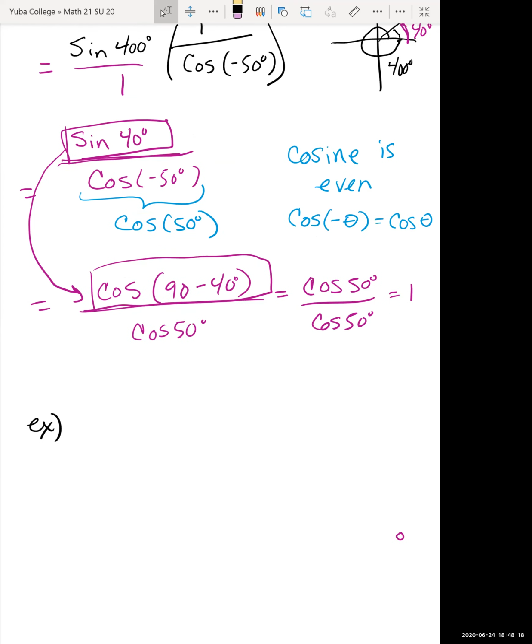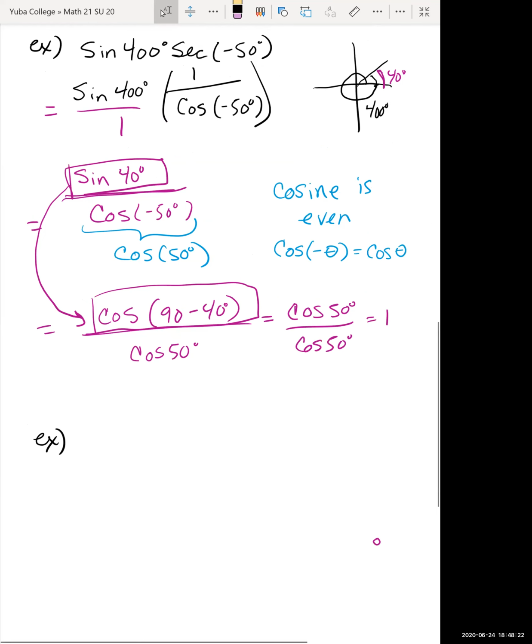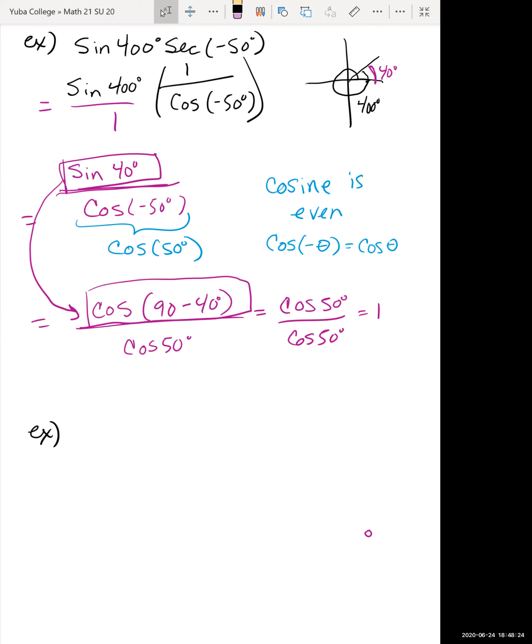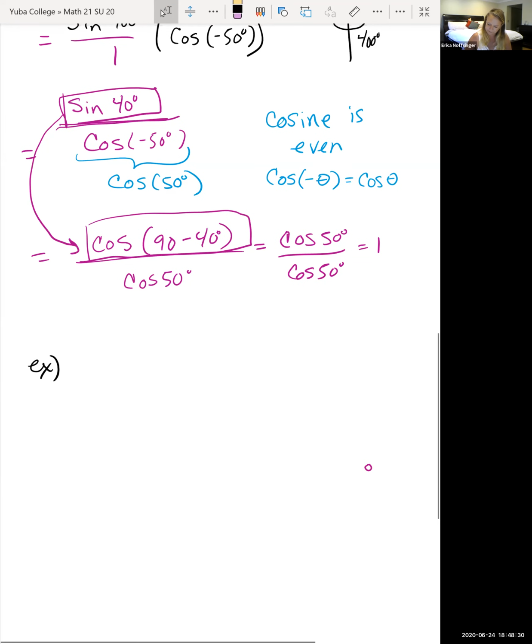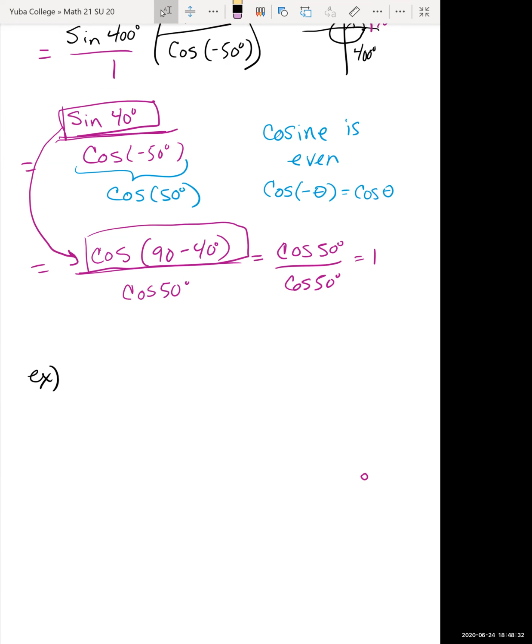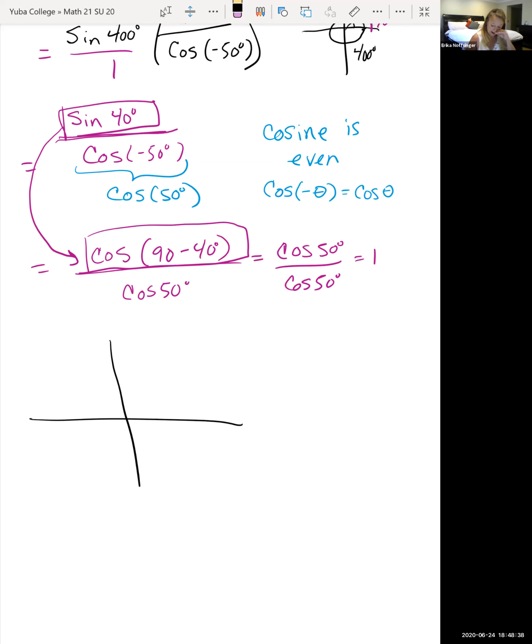Professor, I'm still having a little trouble understanding why cosine is even. It's not odd. There are a couple of ways to think of it. If you're looking at the unit circle, cosine again is our x value on the unit circle.